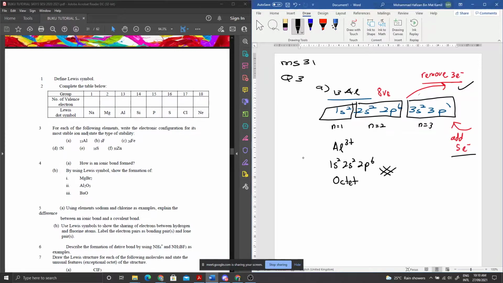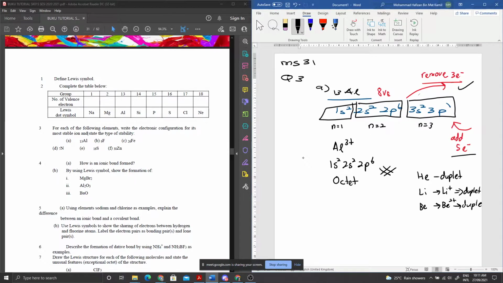Helium, which is already a duplet. Sorry, saya cakap octet ke. And then lithium dia boleh jadi lithium plus, which is also a duplet. And also we have beryllium which can form beryllium 2+, where it is also a duplet. Duplet just means that dia punya valence electron is 2.